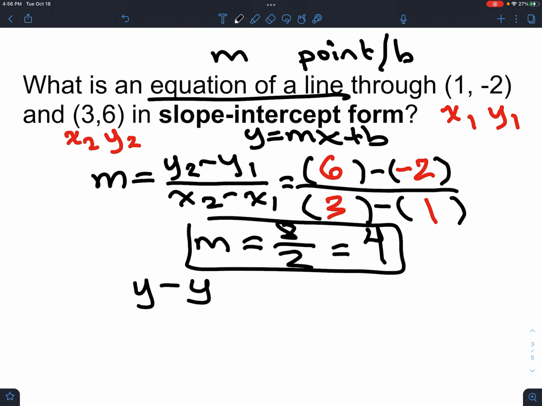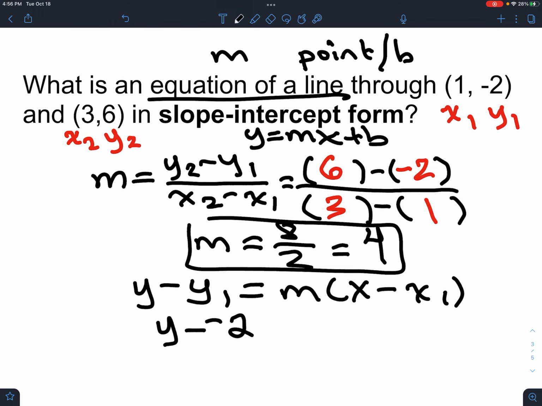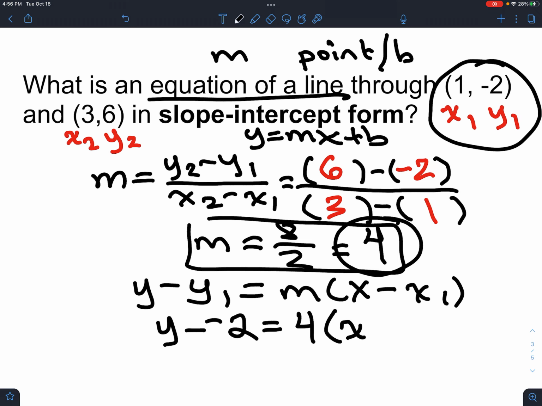So after finding that out, we have no idea what b is. It'd be really cool if we knew b, because then we would be basically done. But we've got to plug m and the point back into here, which I am looking here and here. See how I plugged in those three things?